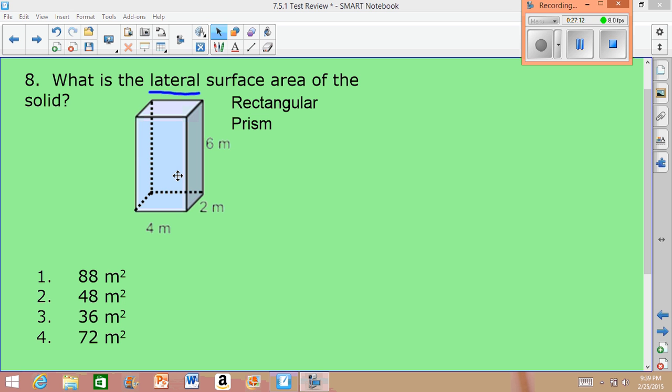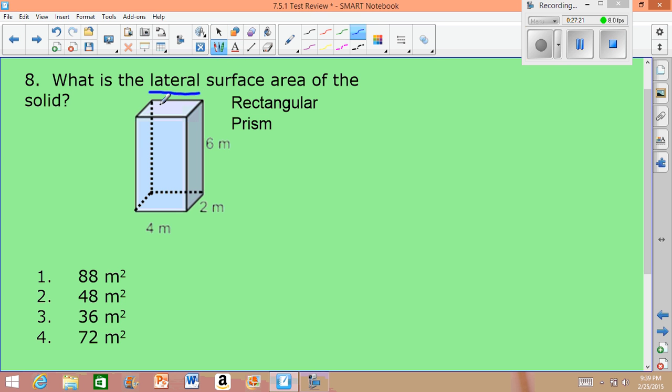Right, so I've drawn a few little lines in there so we can kind of see the different rectangles that are in this shape. So remember, lateral does not include the bases. So that means we are not going to include the top rectangle, nor are we going to include this bottom rectangle. So it's very important to identify what are those measurements.